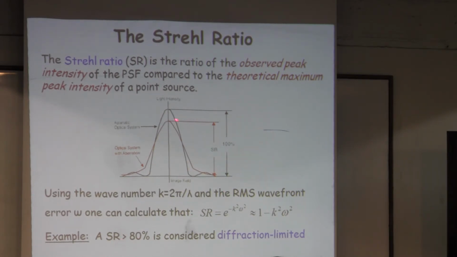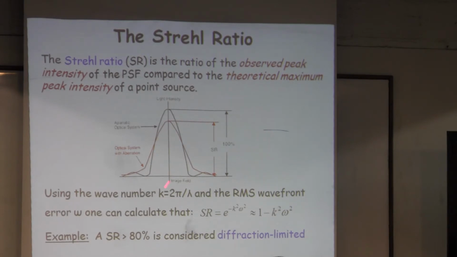Generally, if the Strehl ratio is larger than 80%, then people say it's diffraction limited. Just as a number, if you go observing with the adaptive optics system on the Keck telescope or on the VLT, you typically get Strehl ratios more in the order of 50%.